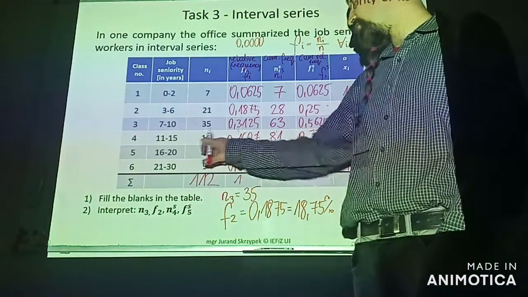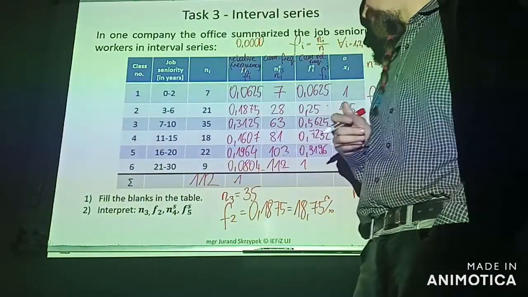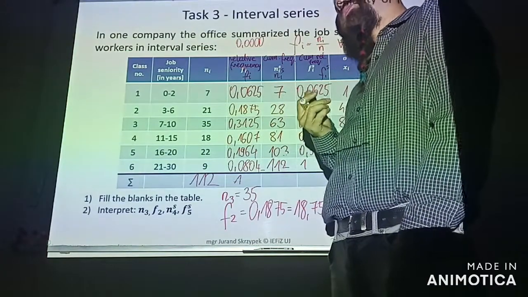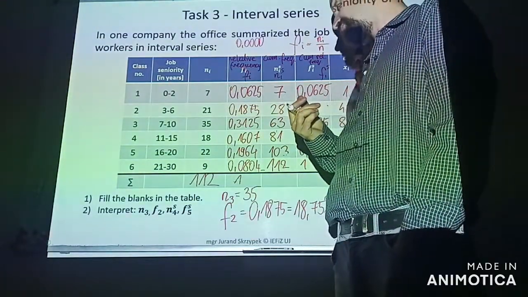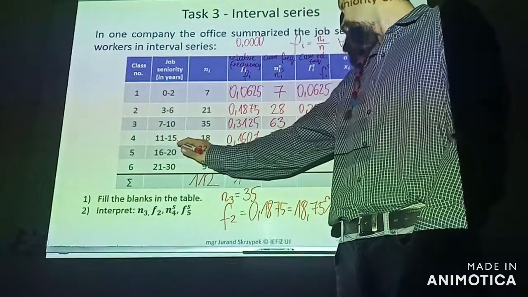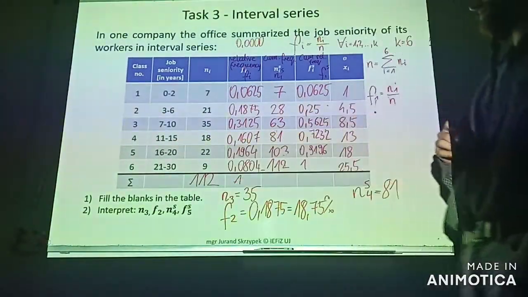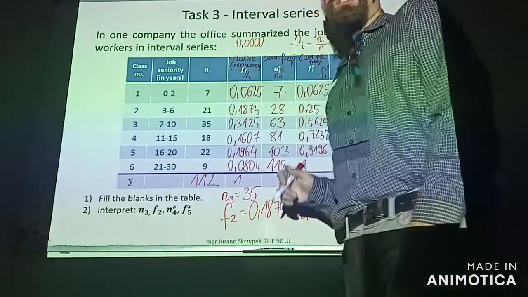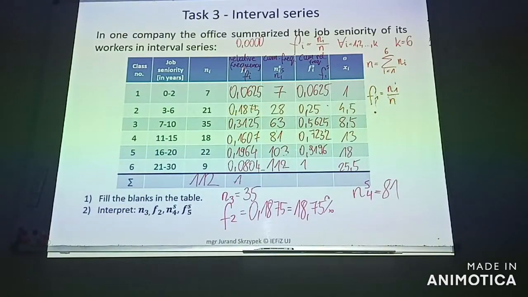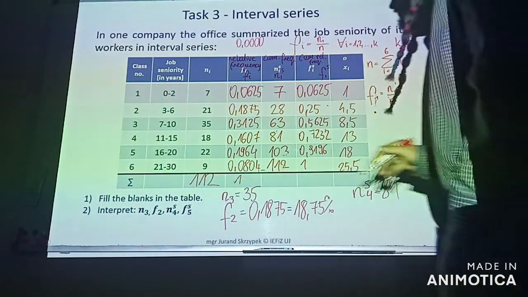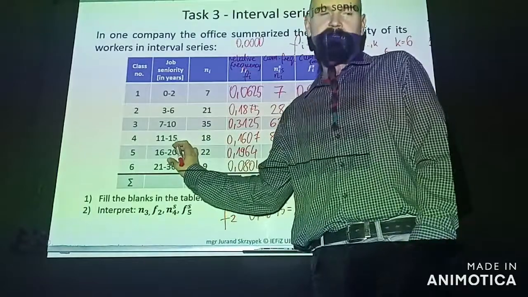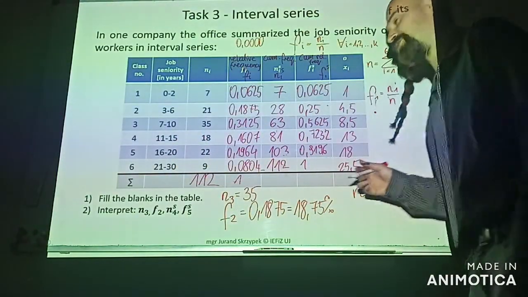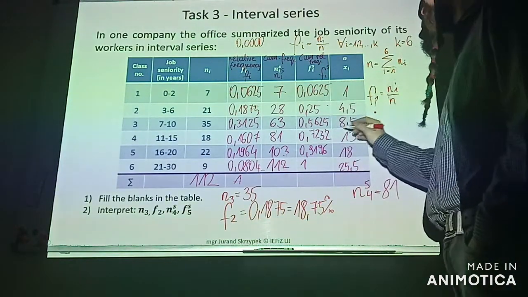It means that 81 people have a work experience not higher than 15 years. Job seniority for these persons doesn't exceed 15 years, sorry. We don't talk about the age of these persons.